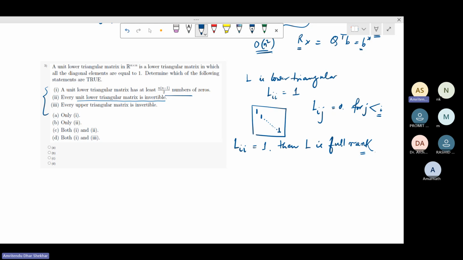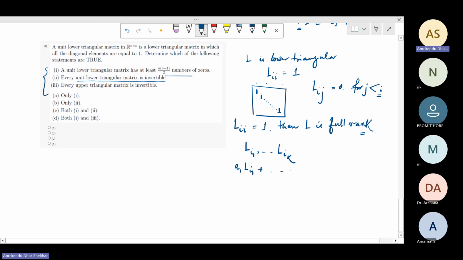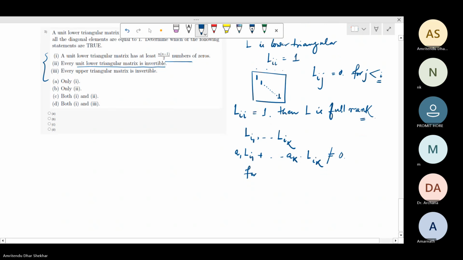If you pick any columns, say L_i1 up to L_ik, and take any linear combination of those columns, a1 L_i1 plus up to ak L_ik, then this is equal to zero if and only if a1 up to ak are all zero.